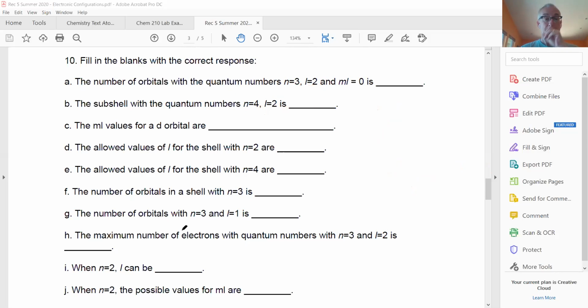All right, number 3, the ML values for a D orbital. So ML, and that should say subshell. That is an error. Oh no, it isn't. Never mind. The ML values for a D orbital. So there are how many D orbitals?